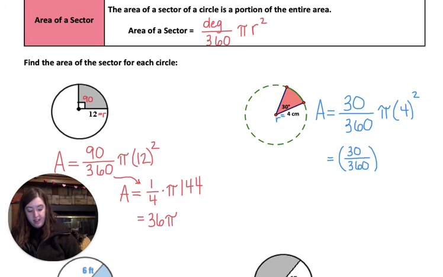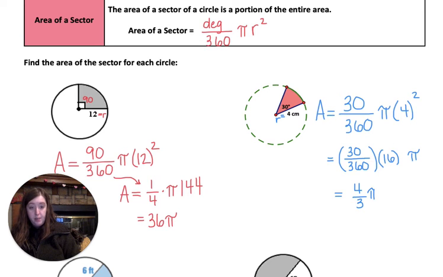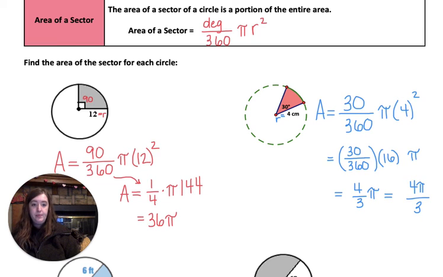And then I would multiply that by 4 squared. Remember, 4 squared is 16. And then don't put the pi in the calculator. The pi we're just going to write down with it. So in your calculator, you're going to put 30 over 360, and then multiply that by 16. And when you do that, you're going to end up with 4 thirds. So you can keep that as 4 thirds pi. A lot of times you'll see that written as 4 pi over 3. Good deal.